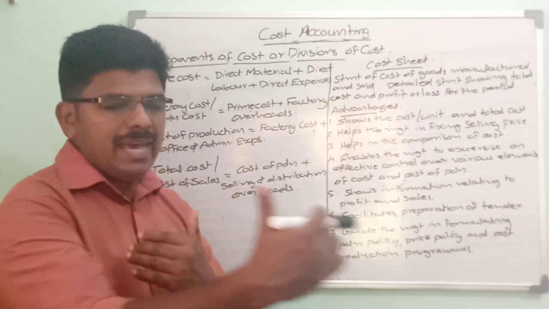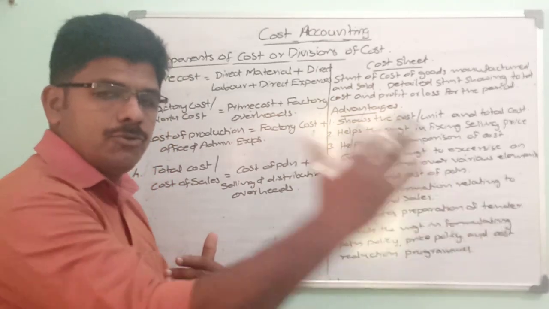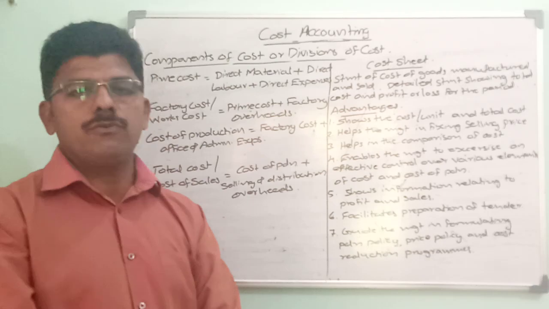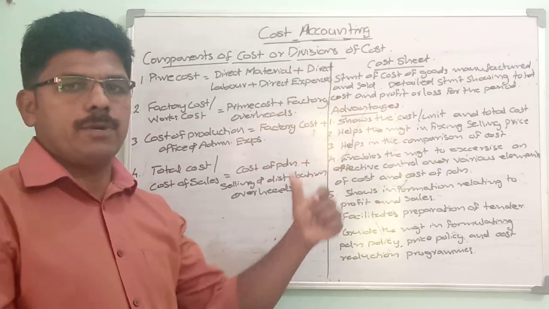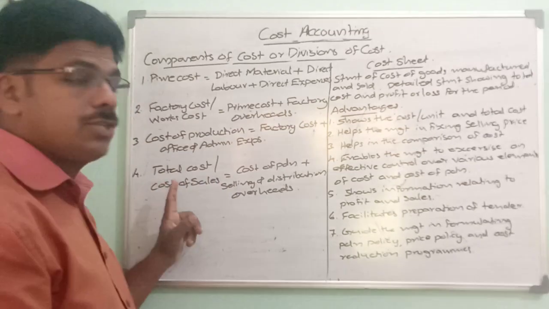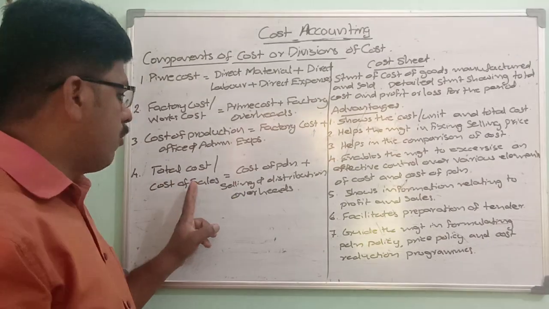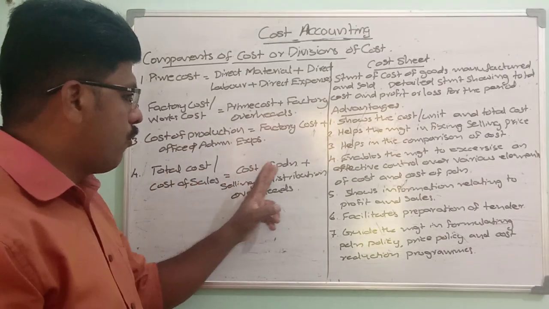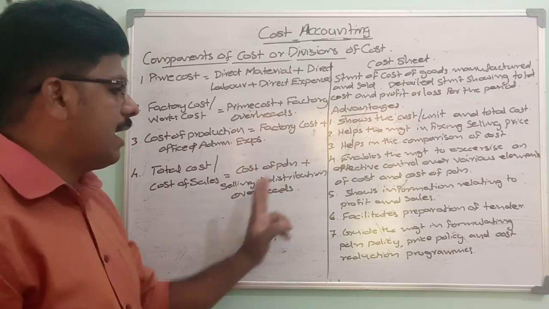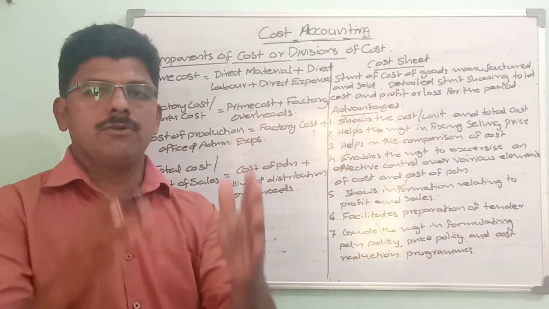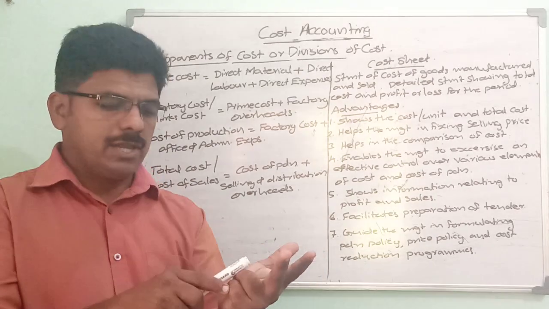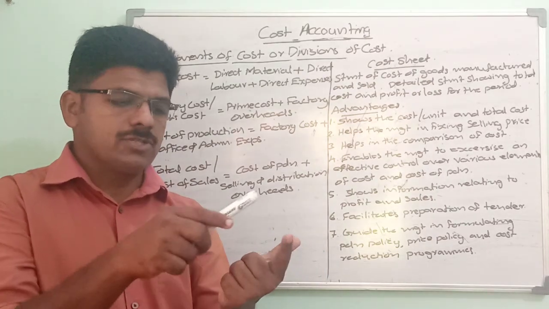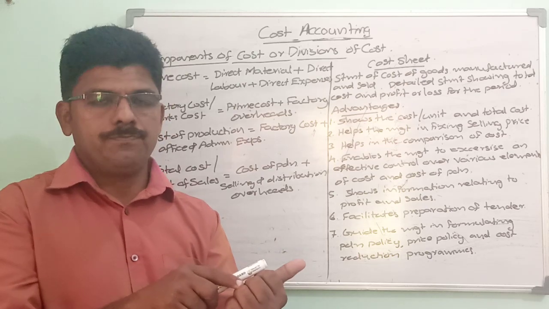When all expenses incurred with regard to sales and the distribution of goods to the consumer's doorstep are added along with the cost of production, we arrive at total cost or cost of sales. Therefore, cost of sales or total cost is equal to cost of production plus selling and distribution overheads. So these are all the components of cost. Number one, prime cost. Number two, factory cost. Number three, cost of production. And number four, total cost.